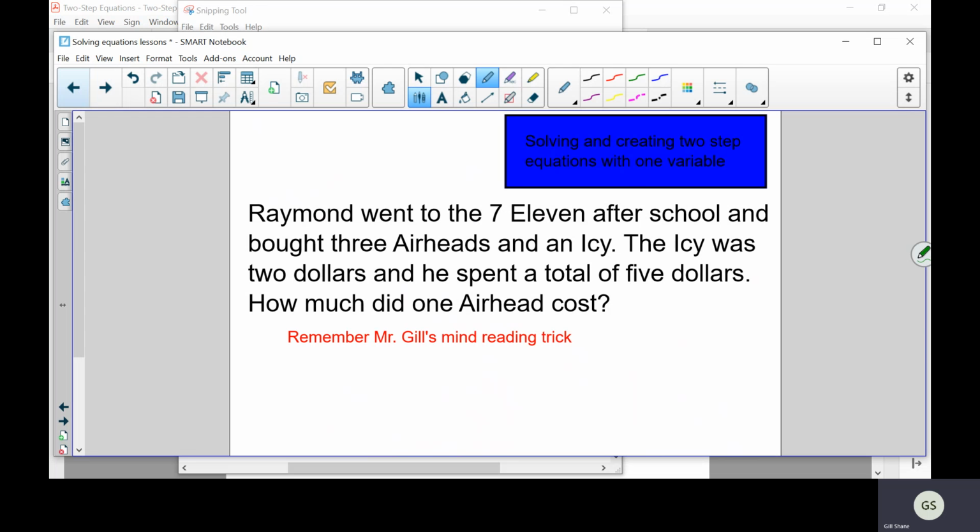This is subtraction. You see subtraction. This is addition. You see addition. There's only one math operation.